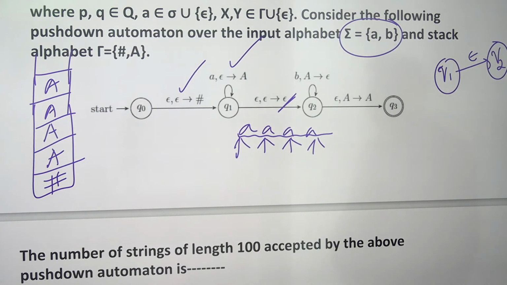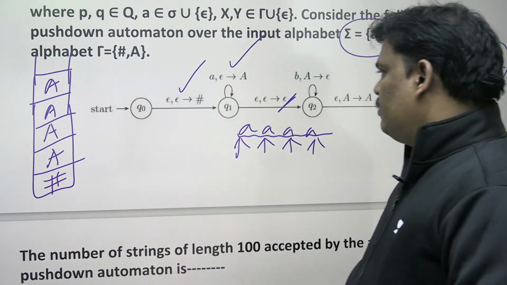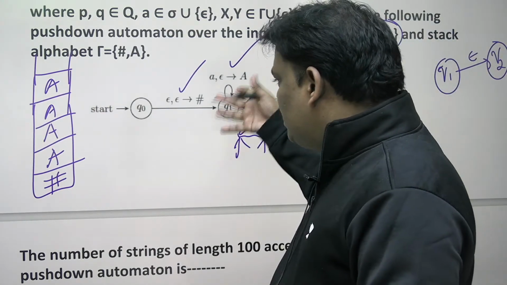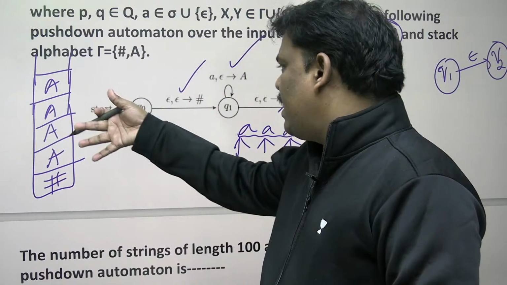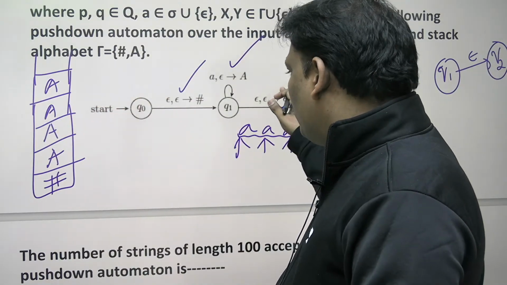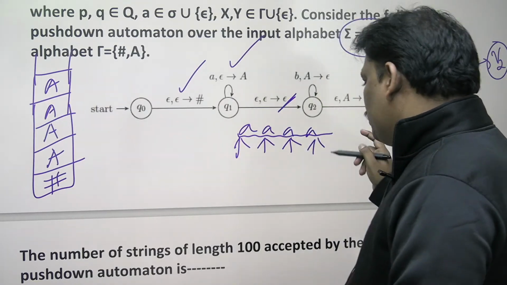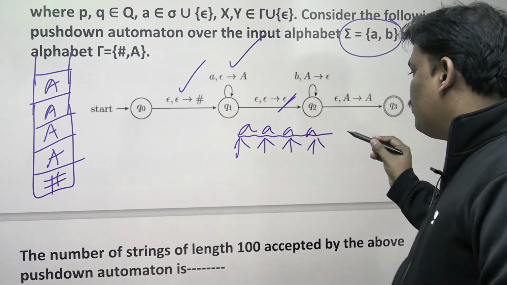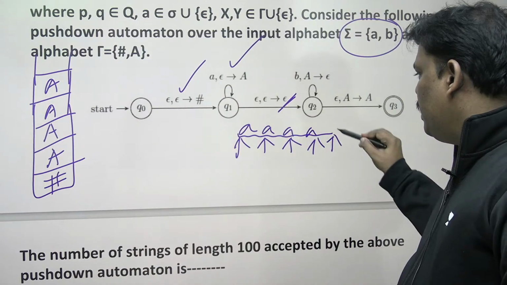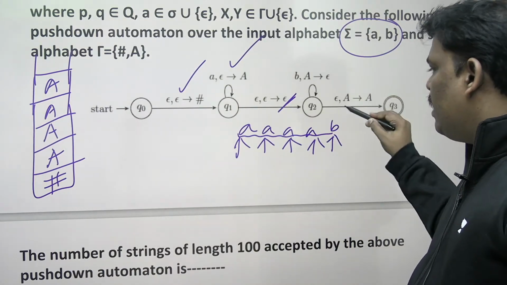What is the meaning? On Q1, you didn't take any input and you didn't see the top of the stack. You simply skipped it. So after pushing all the A's inside the stack, afterwards simply skip the state without reading any input symbol. Afterwards, B is coming and the top of the stack is A. Then pop.